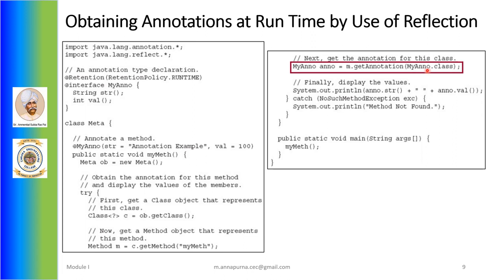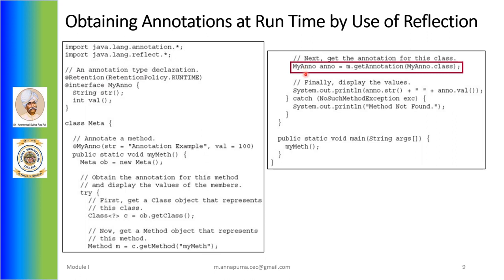This expression evaluates to a Class object of type MyAnno, the annotation. This construct is called a class literal. We can use this type of expression whenever a Class object of a known class is needed.